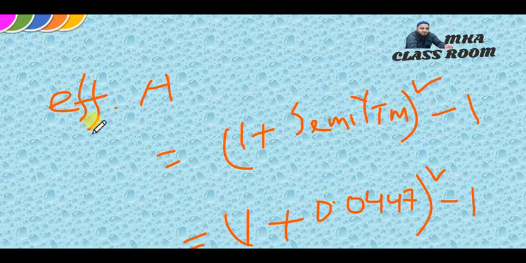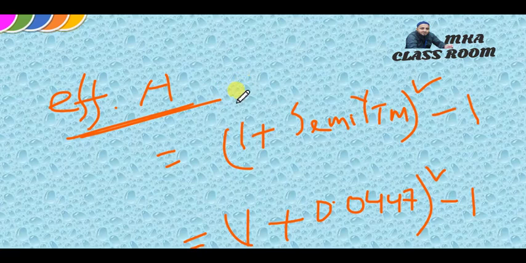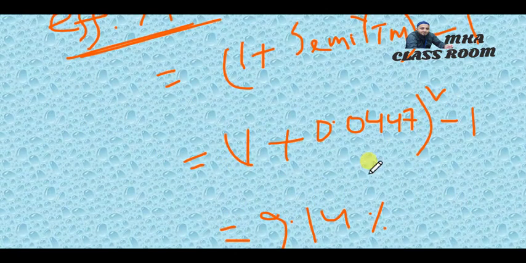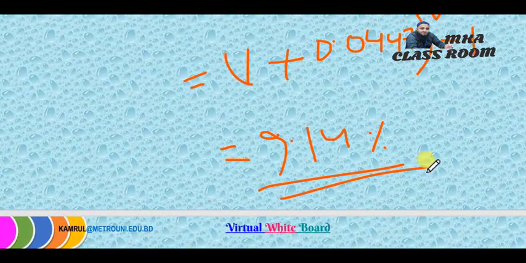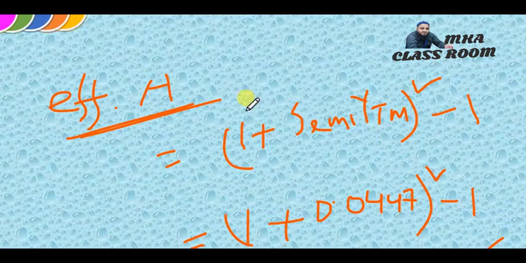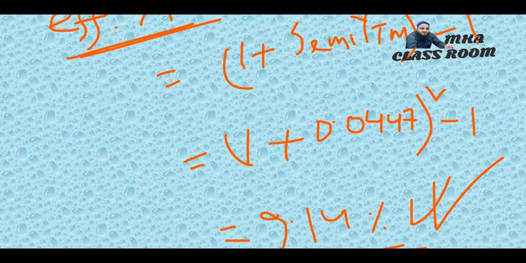Then the effective annual rate, (1 plus semi-annual YTM) power 2 minus 1. Then if we put down our value, (1 plus 0.0447) power 2 minus 1, that is 9.14%, our effective annual rate. So that is all we have in our problem.